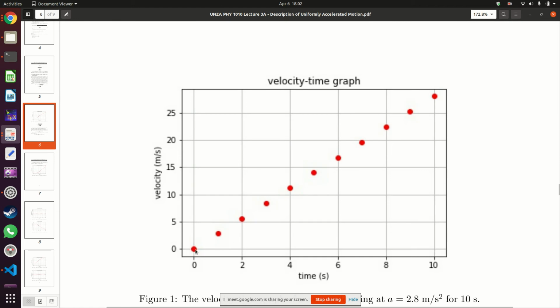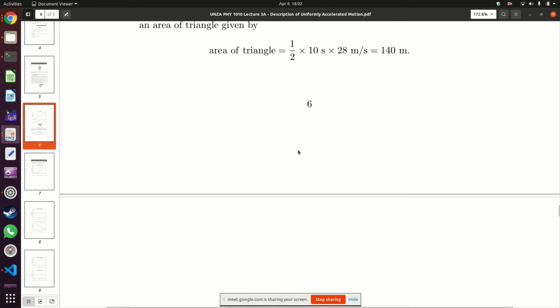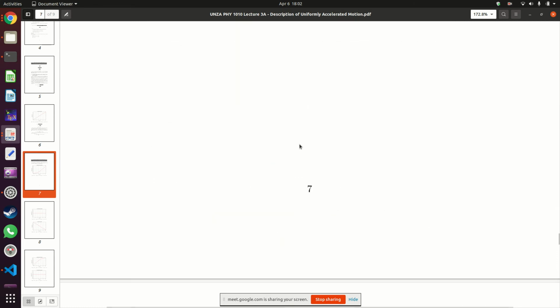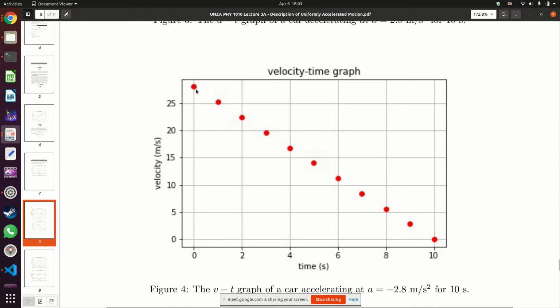This one shows you what happens if the acceleration is positive. If the acceleration is positive, it means that the velocity increases. This other velocity time graph shows you what happens when the acceleration is negative.